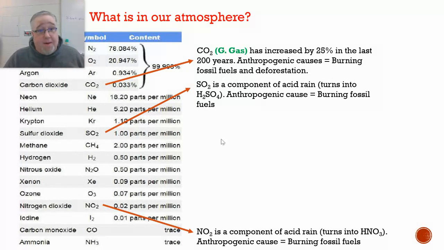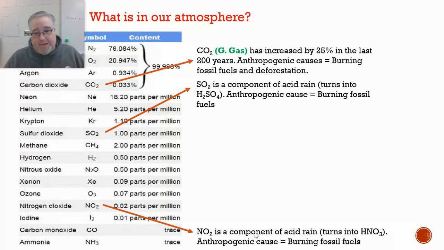The thing about SO2 is when it gets into the atmosphere, it turns into an acid. This is sulfuric acid, which you might remember from chemistry class, H2SO4. I do want you to recognize this formula. Again, it is an acid. Acids are basically hydrogen and some negative ion, in this case sulfate. But that acid, if it gets into the air, is not really a good thing.